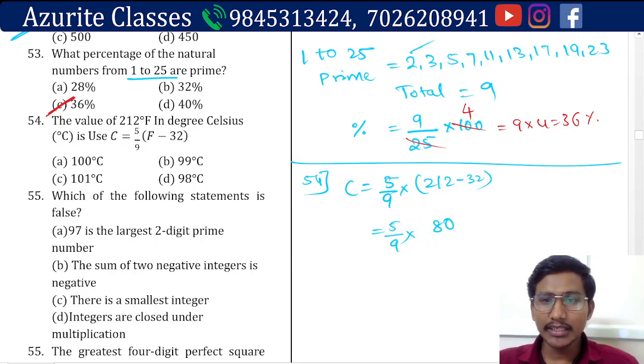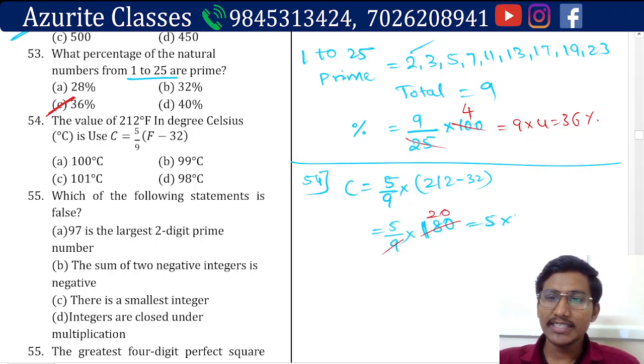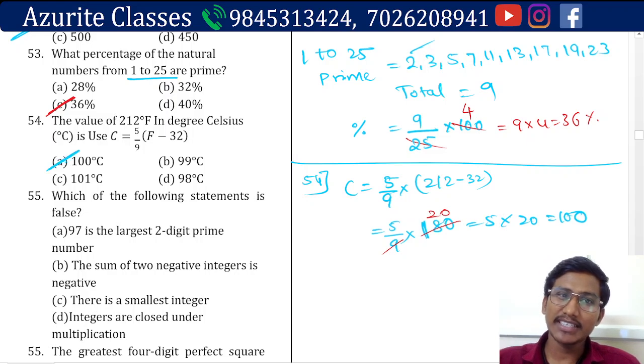So 180 means you cancel it: 9 2s are 18, 20 will come. 5 20s is 100. 100 will be the answer, so that is option A, 100 degree Celsius.